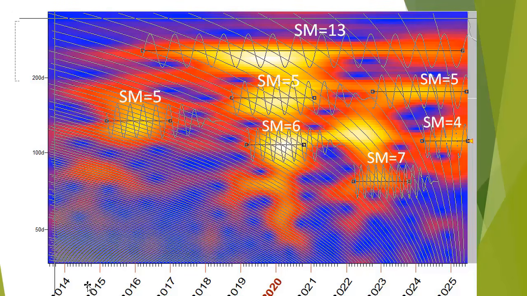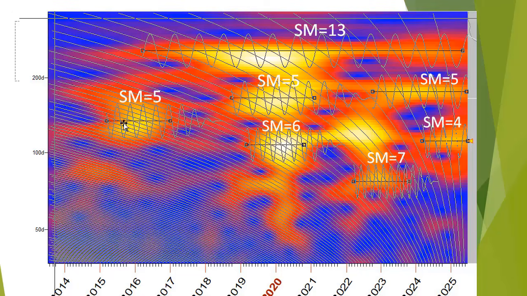The x-axis is time, and the y-axis is period. You see the 15 days period, the 100 days period, and so on. We know that this cycle, with a period of about 140 days, was active from 2014 till the beginning of 2017.